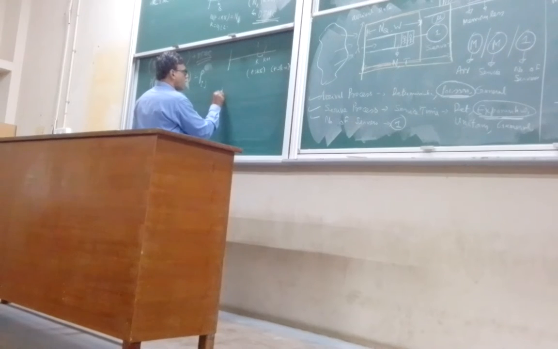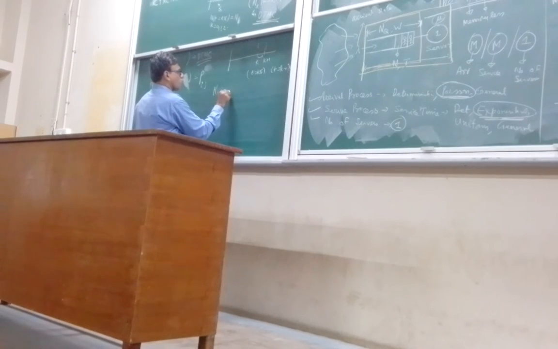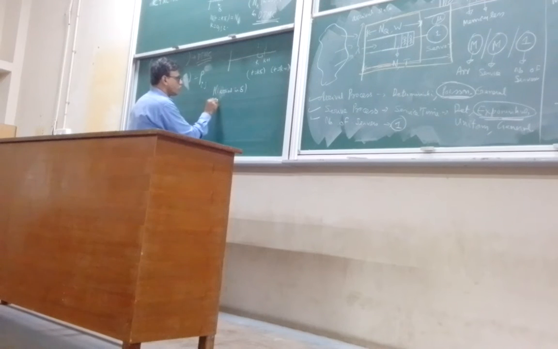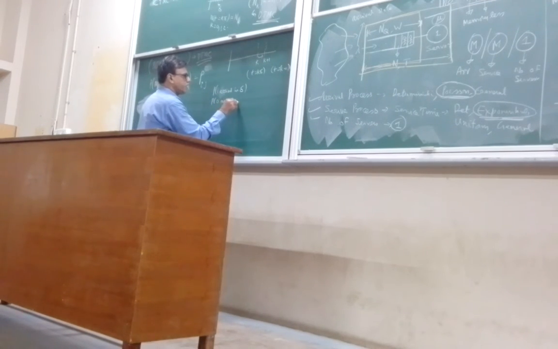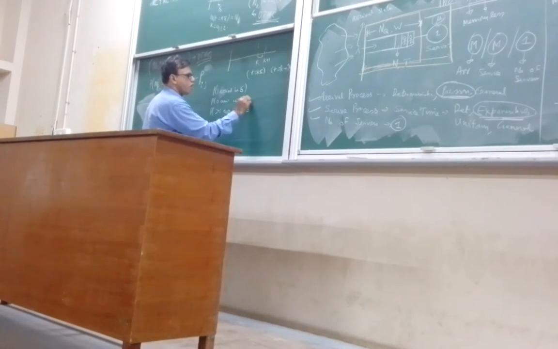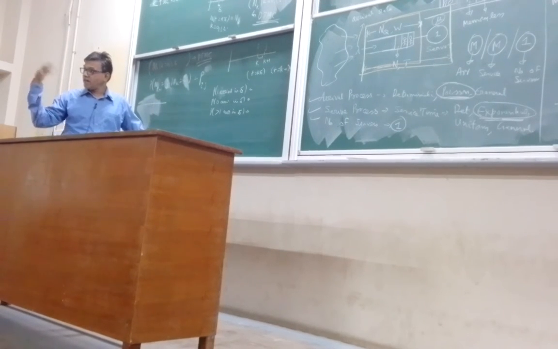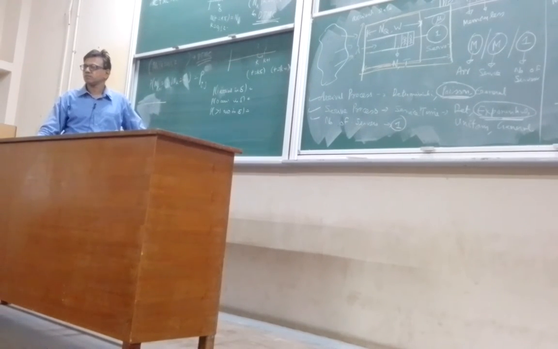Therefore, the probability of one arrival in delta, the probability of 0 arrivals in delta, the probability of greater than 1 arrival in delta. All these can be written following the nature of the Poisson process.